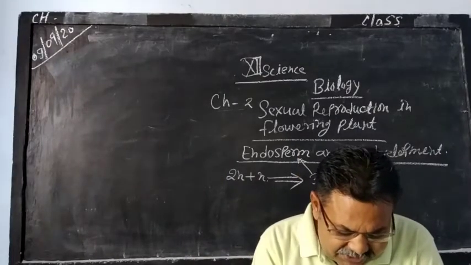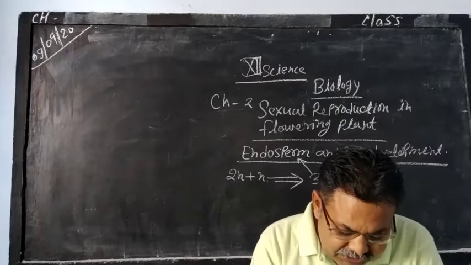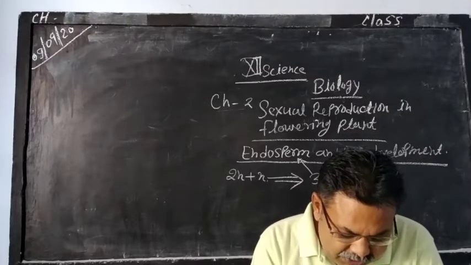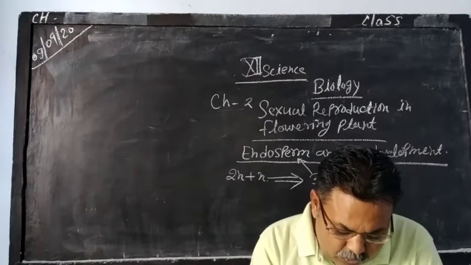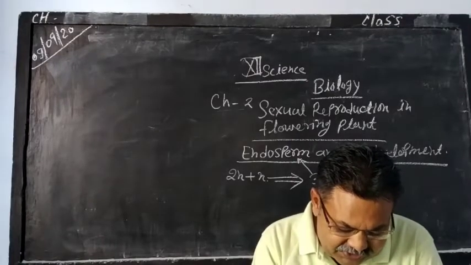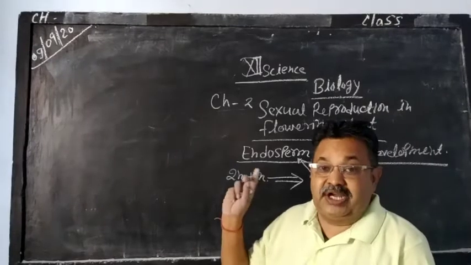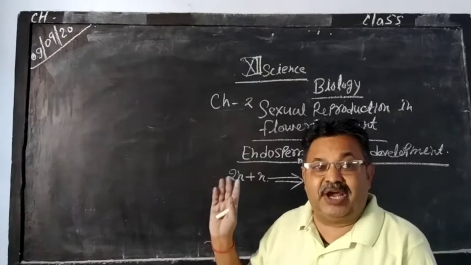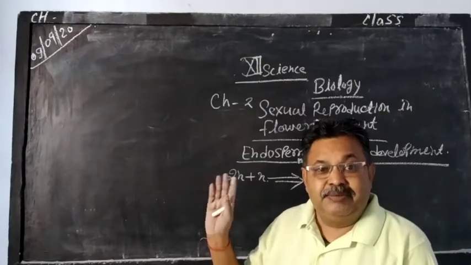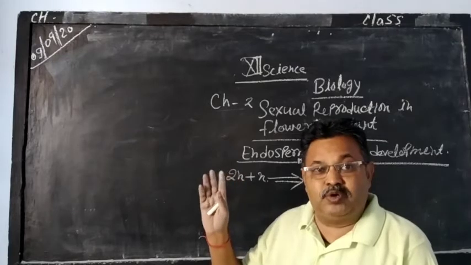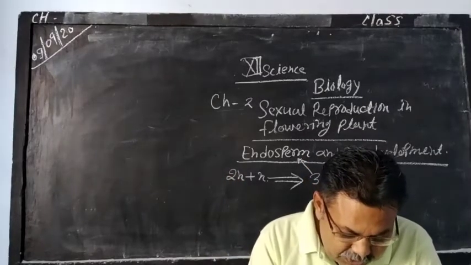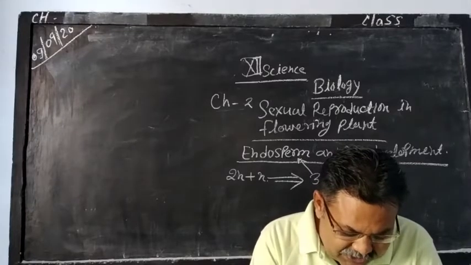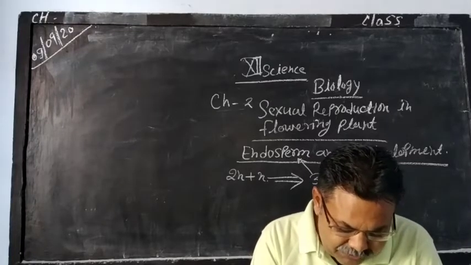Now, second one is cellular endosperm. In this endosperm, the primary endosperm nucleus undergoes mitotic cell division. It means the division of the nucleus is mitotic. Mitotic means the number of chromosomes is the same as the initial cell. So this type of endosperm is the cellular form.